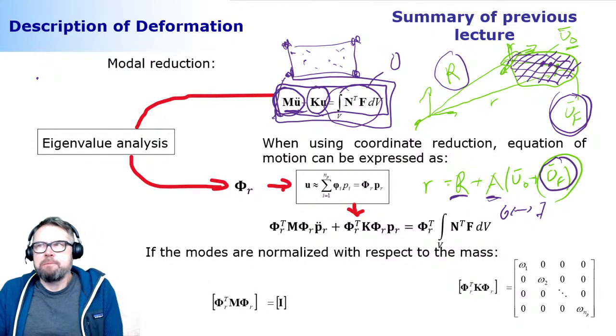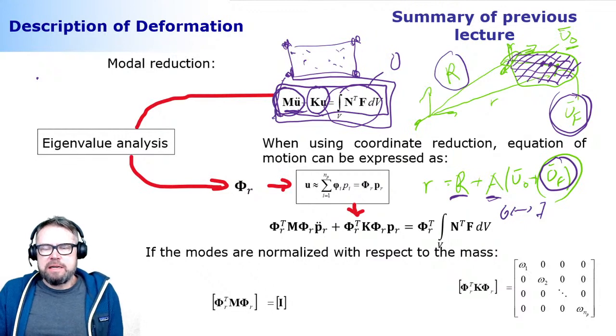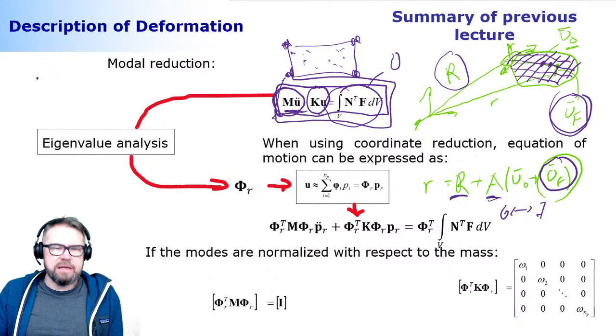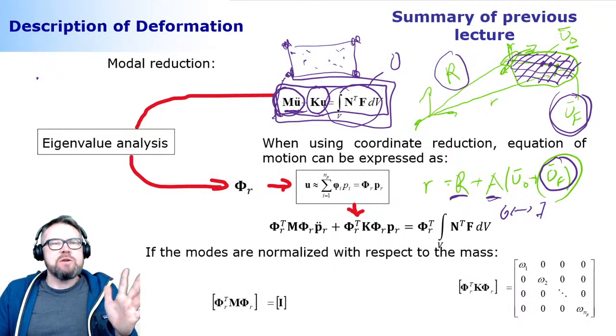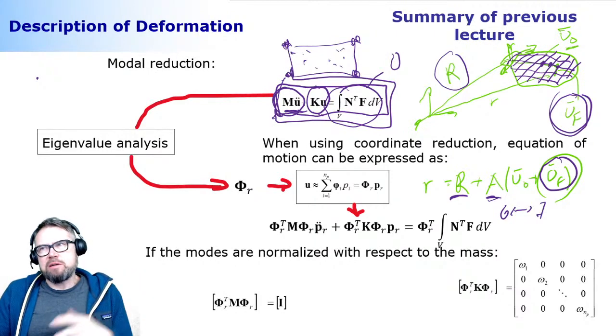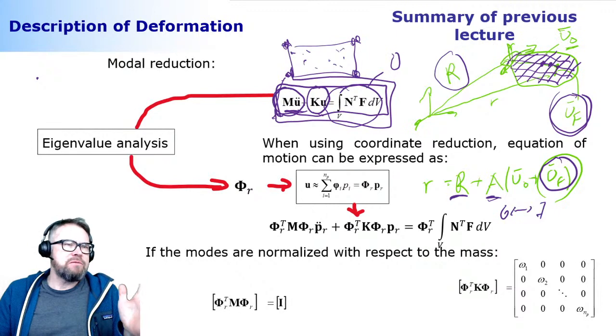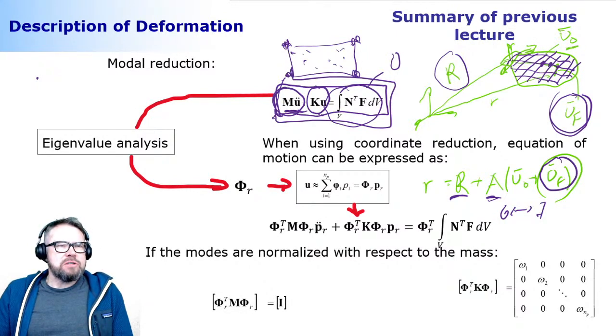Once you conduct an eigenvalue analysis, you get these deformation modes, which are related to eigenvalues. Eigenvalues are the resonant frequencies; you can interpret them like that. The resonant frequency tells you the vibration properties of the structure.